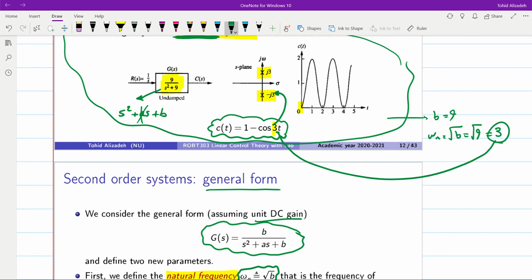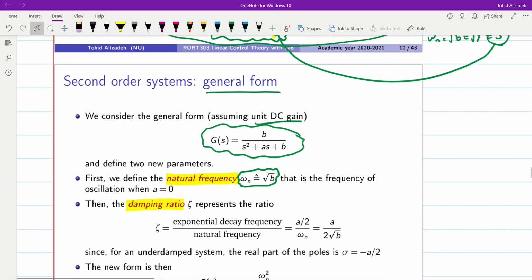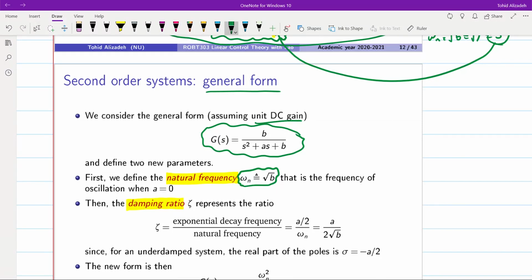And that's the frequency of the oscillations, as we had in that example.